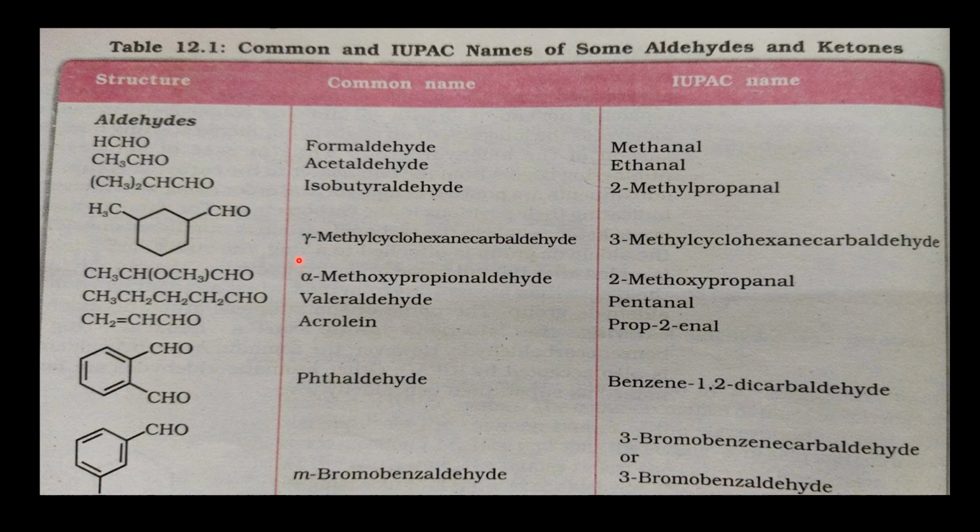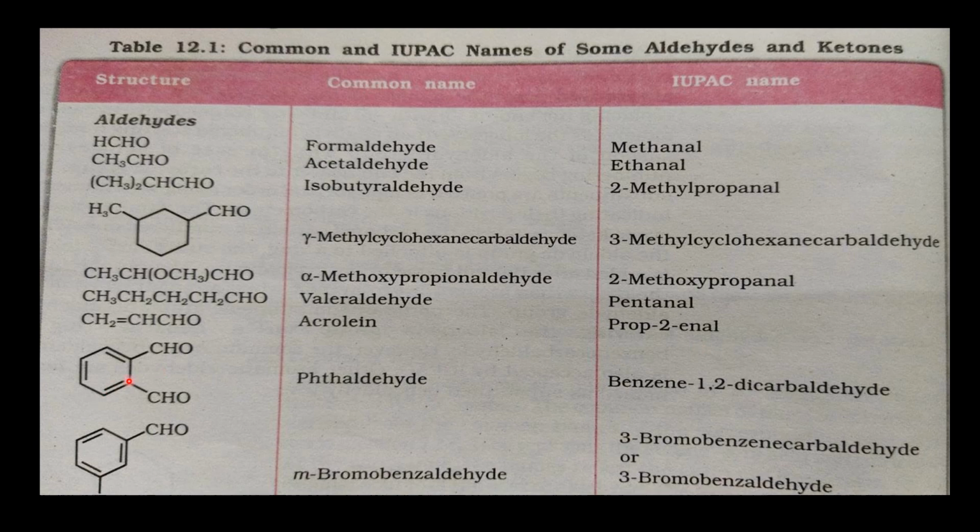That is gamma-methylcyclohexane carbaldehyde, which is also 3-methylcyclohexane carbaldehyde. CH3CH(OCH3)CHO, alpha-methoxypropionaldehyde, which is 2-methoxypropanal. CH3CH2CH2CH2CHO, which is valeraldehyde, which is pentanal. CH2=CH-CHO, acrolein, which is prop-2-enal.